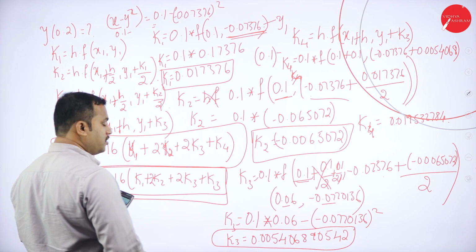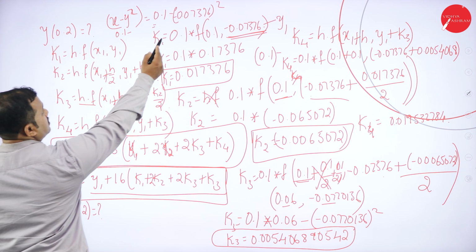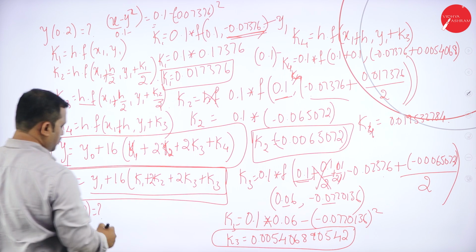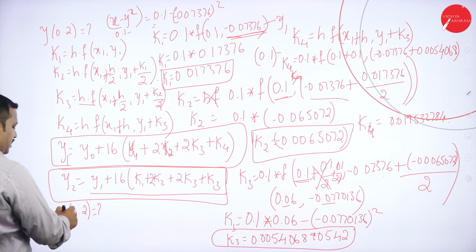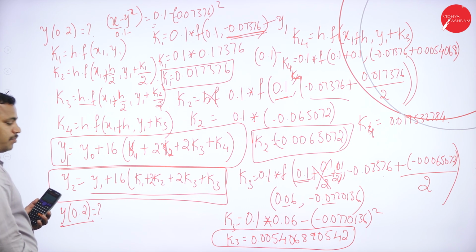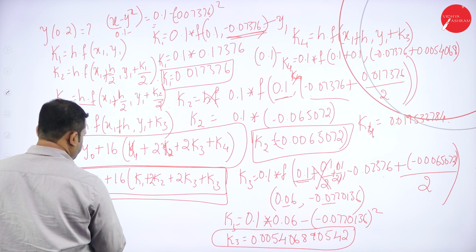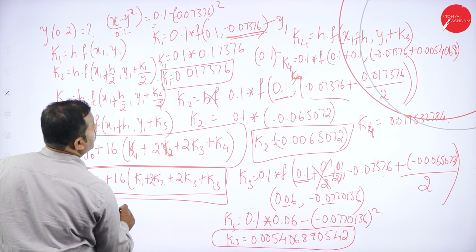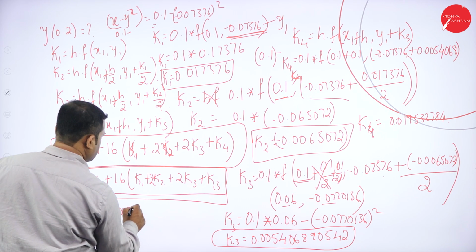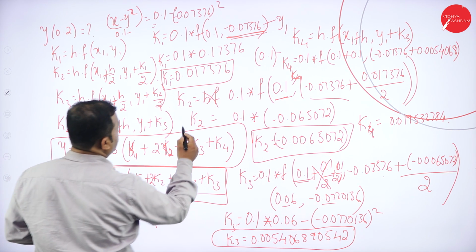Now we have these terms here. Let me apply the formula, that is this formula. What is the value of y1? That is this term, this y1. If I substitute those values into that, I'll get the ultimate result for y of 0.2. Y1 is equal to minus 0.07376 plus 16 times, what is the value of K1 we have obtained?